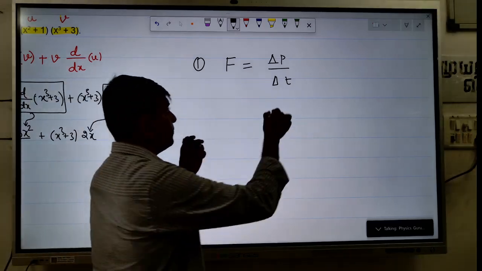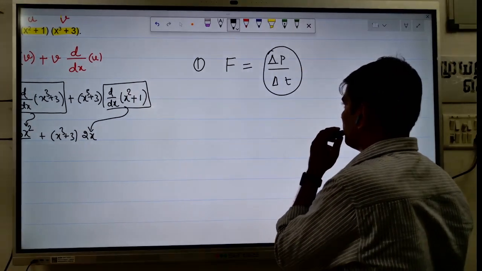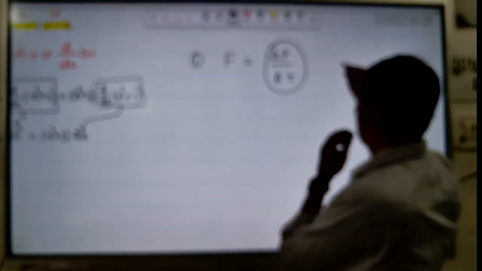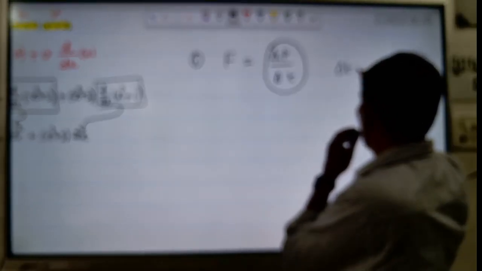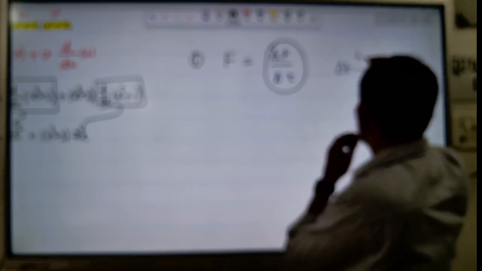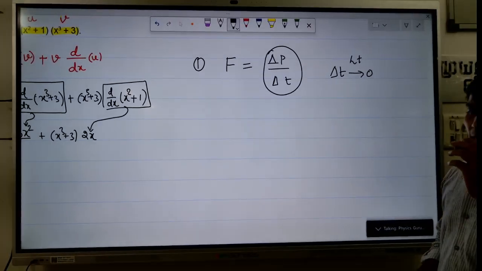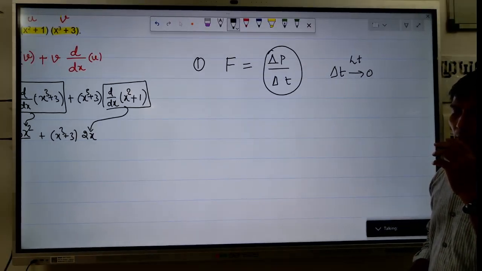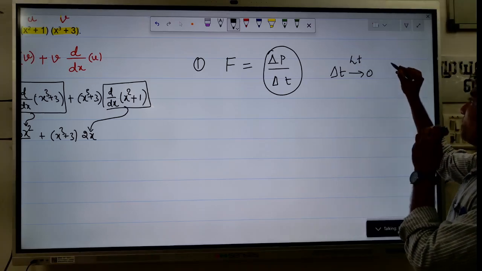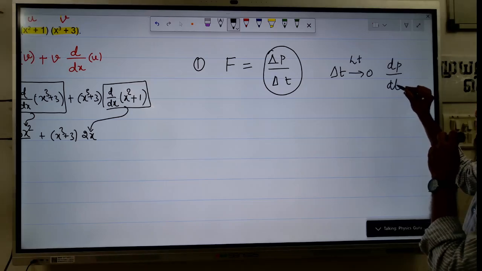You know very well, whenever I have the change in some quantities like this, when the change in the denominator is very small, the limit of change in the denominator is very small, I can very well write this as dp by dt.